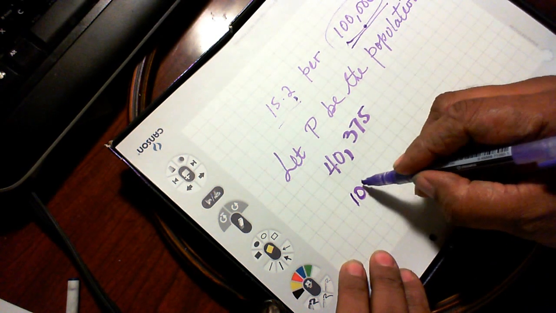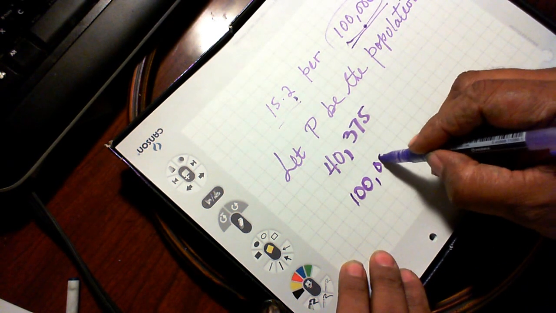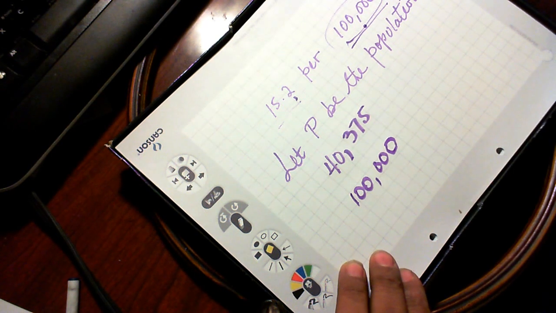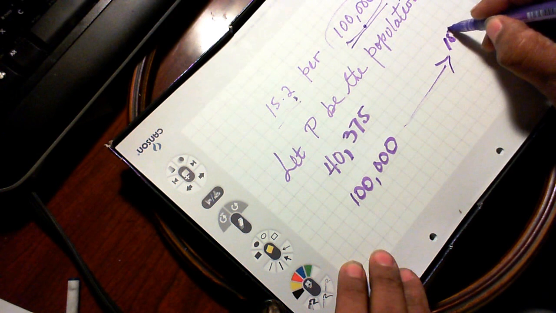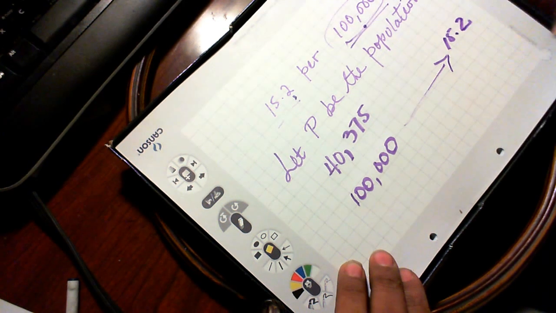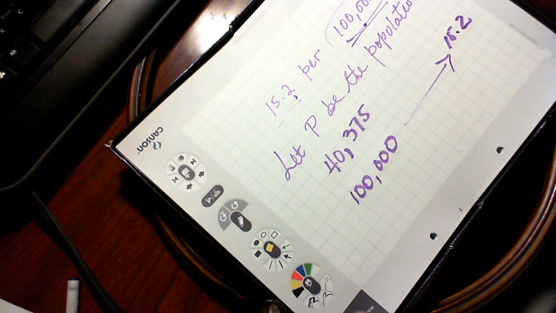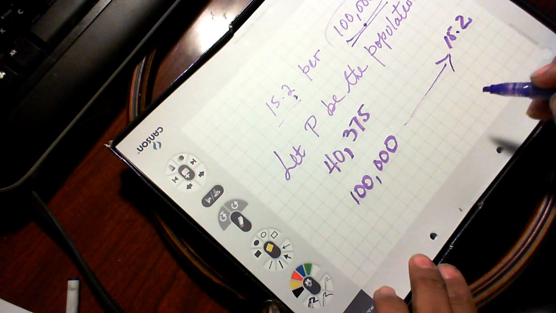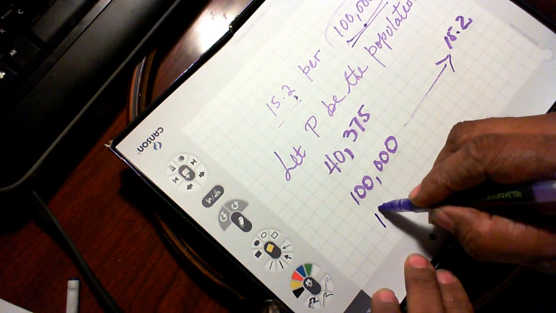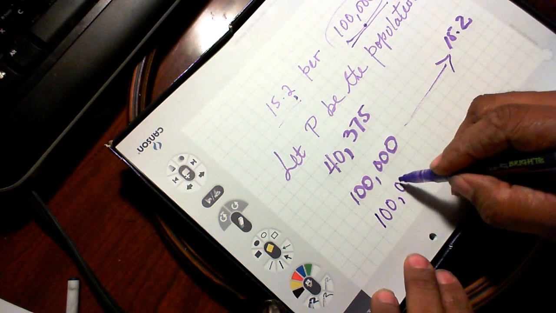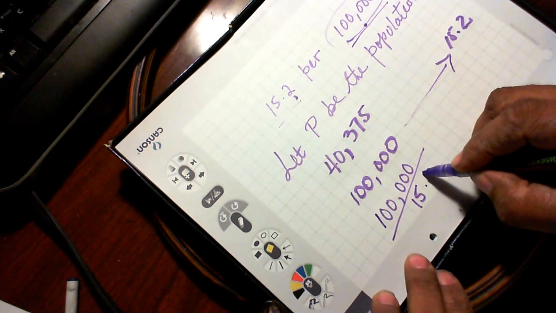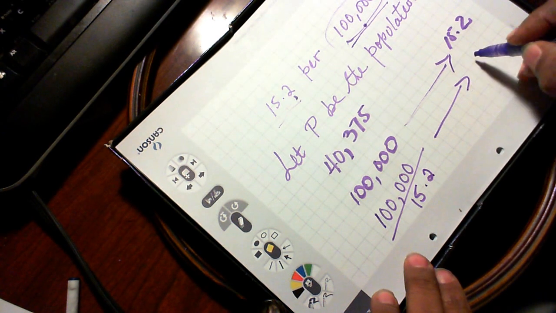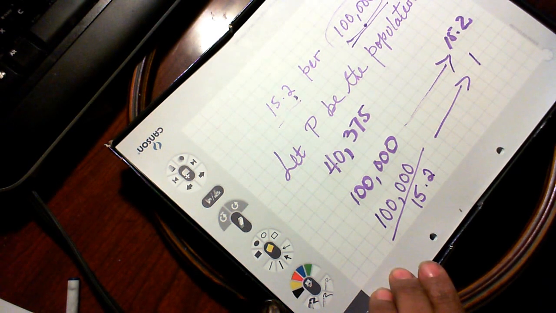We have 100,000 people, right? Fatalities 15.2. So let's look at one fatality. What do we do? 100,000 divided by 15.2. That's one fatality.